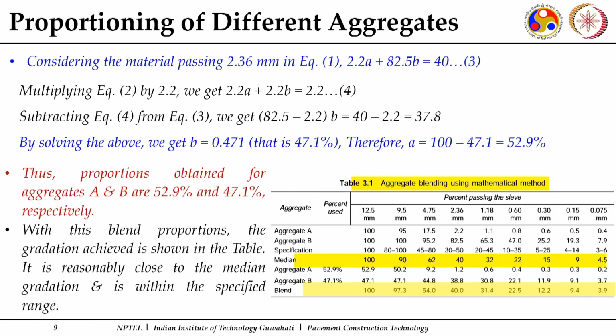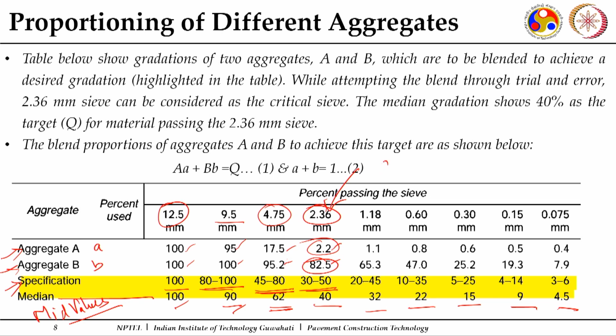Now, for this trial and error, if I have A as my proportion, small a is the proportion for material A and small b is for material B. Then as per this equation, how much percentage of material A is passing at 2.36, 2.2, and how much percentage of B is passing, 82.5 into B, and this is to be equal to what I desired out of it, 40%.